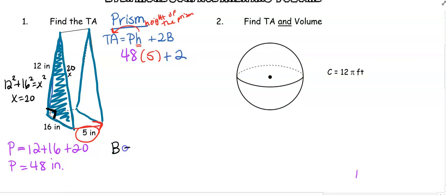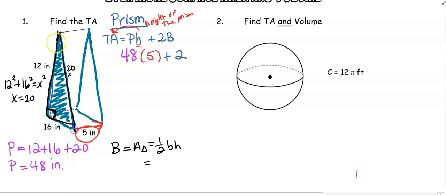So big B is the base area. That means it's the area of the triangular base, which is 1/2 base times height. Now we see that h come up again. This is when we think back to yesterday's video, that clarification between h's in different formulas. This is in the triangular formula, so I'm looking just at the triangle.